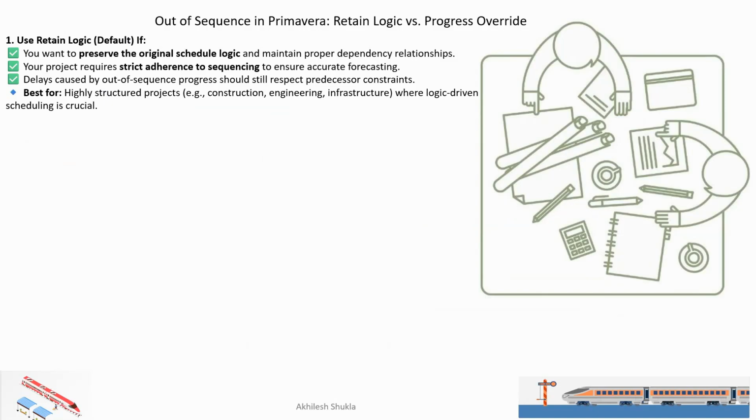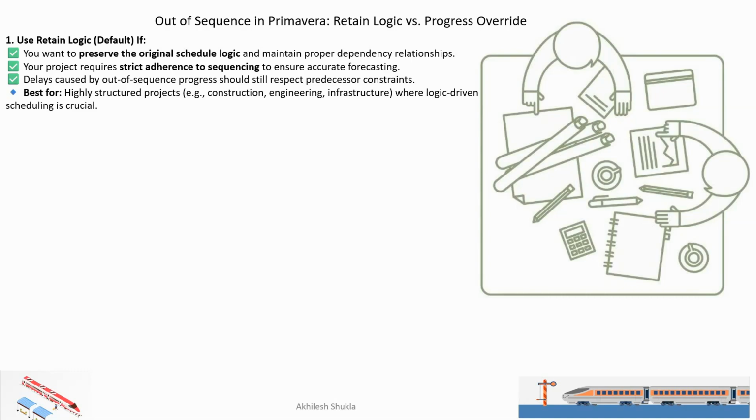Also when your project requires strict adherence to the sequence to ensure accurate forecasting, and delay caused by out of sequence progress should still represent the predecessor constraint. If there is any predecessor constraint, you can show it. It is best for highly structured projects, construction, engineering, infrastructure, where the logic-driven schedule is crucial.